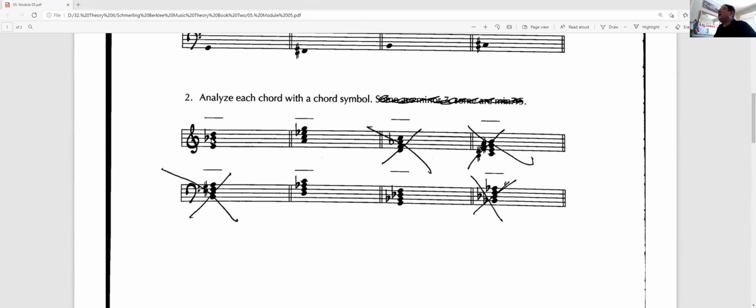So E, G, B, D. I'll do the first one for you, which would be E half diminished 7, because there's your diminished chord, and there is your minor 7th. Listening to these, let's just take that last one we talked about.